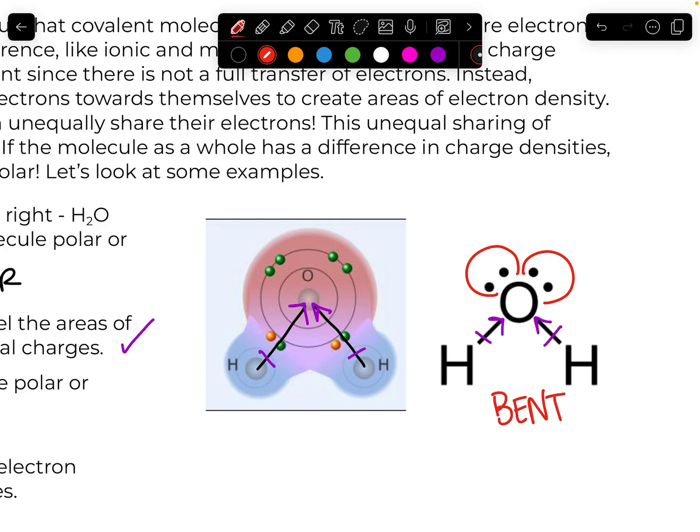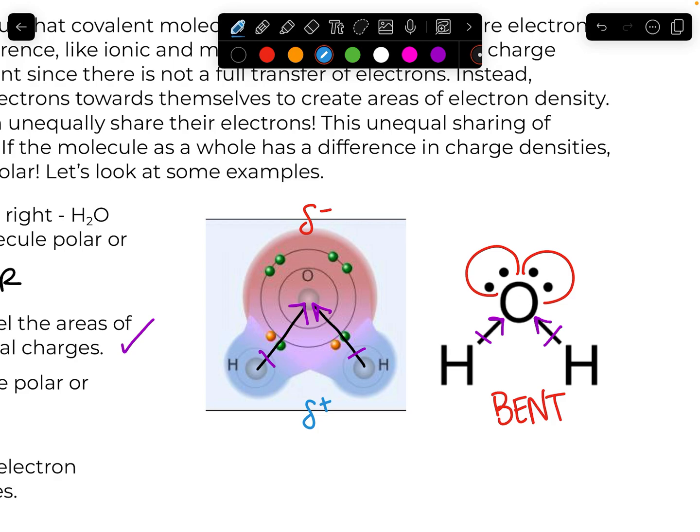So on top of the bonds being polar and oxygen taking in electron density from hydrogen, it's also got lone pairs on top of it, making the top part of this molecule have that partial negative charge. That's where all of our electron density is hanging out in this molecule. That means that the bottom half of our molecule is going to be left with a partial positive charge because electrons have moved towards the top.